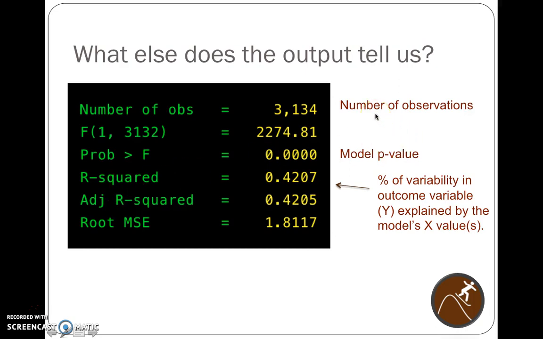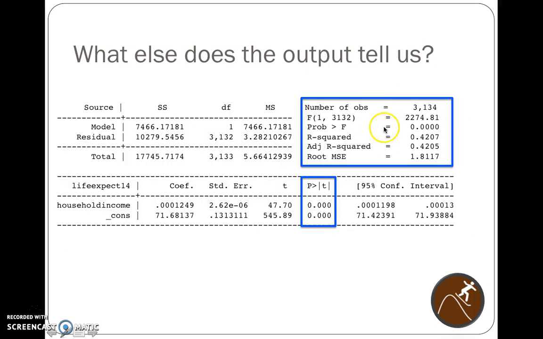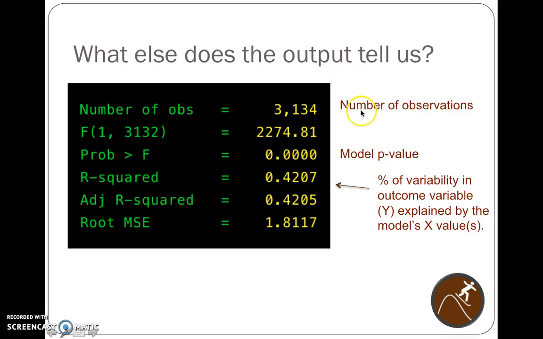So in that top right corner of that previous output, we see that the number of observations that we had complete data on were 3,134. The model p-value is there. And then we also have this thing called the R-squared and adjusted R-squared. That's what the ADJ is, adjusted R-squared. And this is the percentage of variability in our outcome, life expectancy, explained by all of the model's X values.